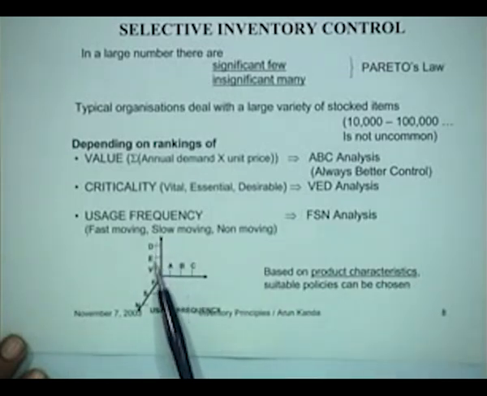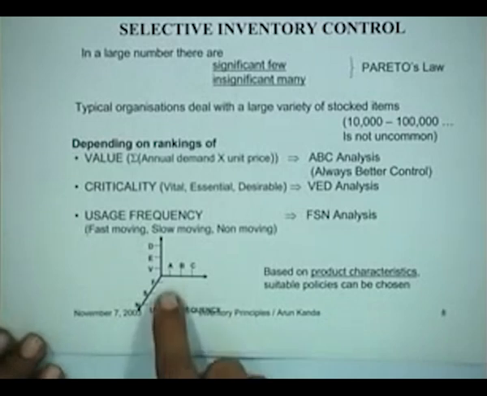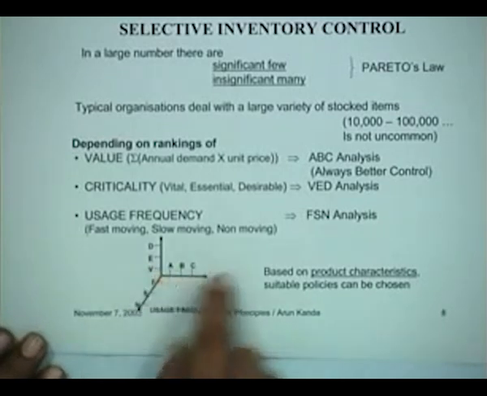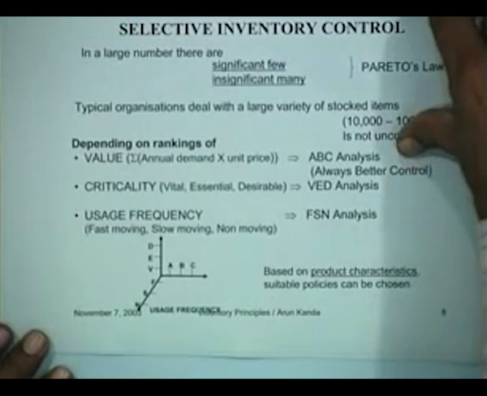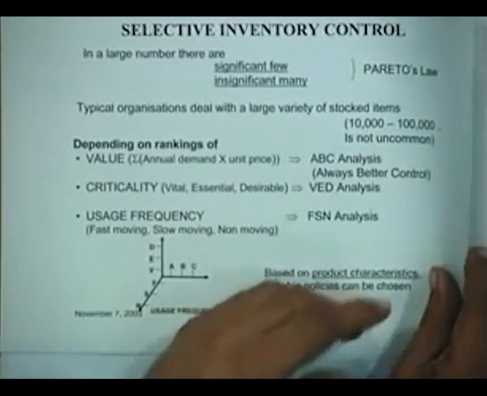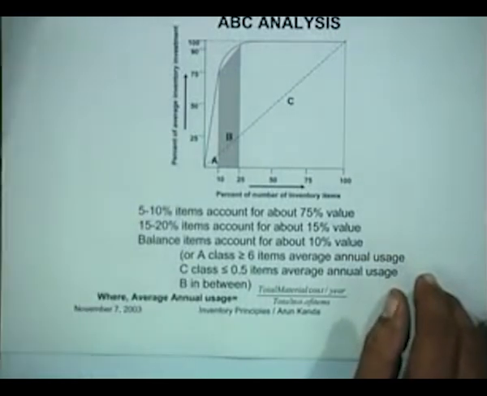You can imagine that each item falls in each analysis: A, B, C, VED, and FSN. This could result in 27 categories of items. You could talk about an A, F, V item, and so on. Depending upon the category of each item, you could choose a suitable policy.